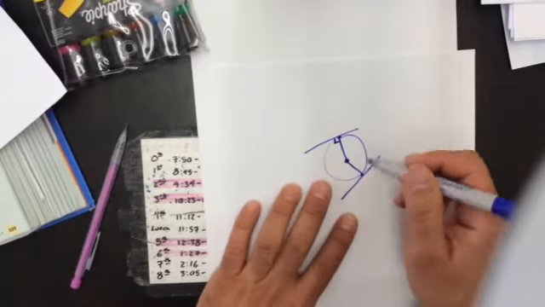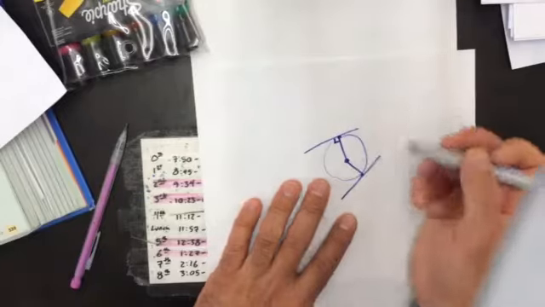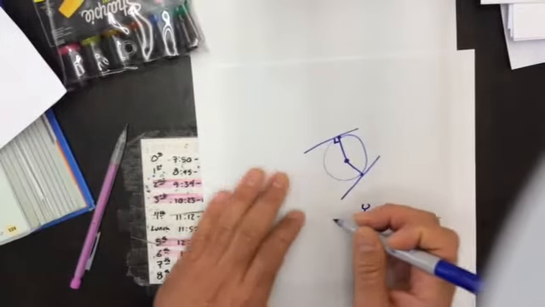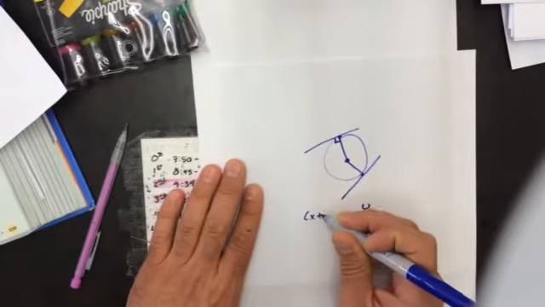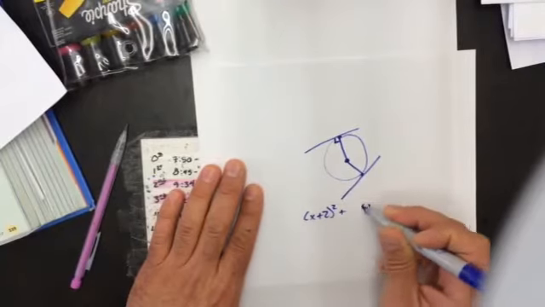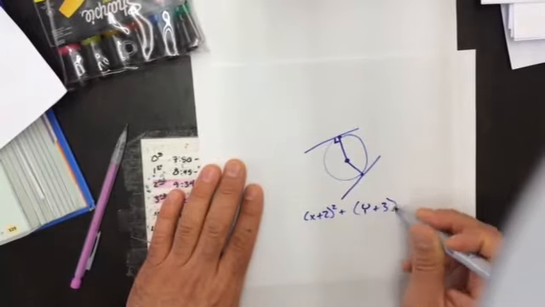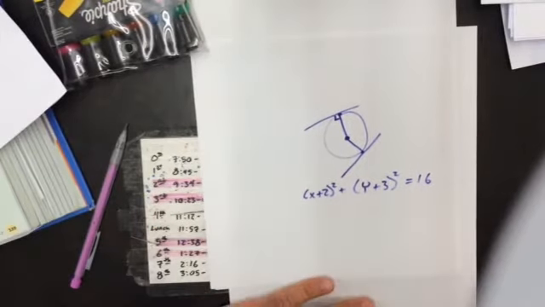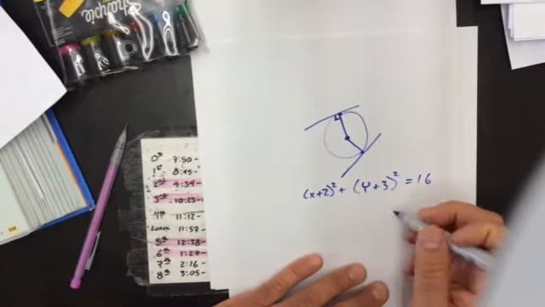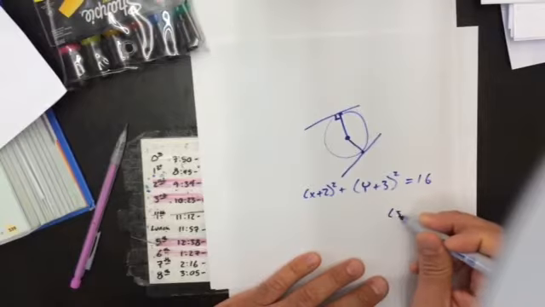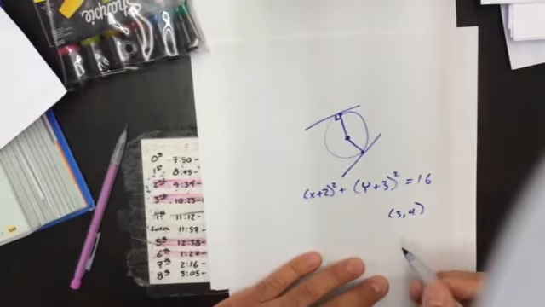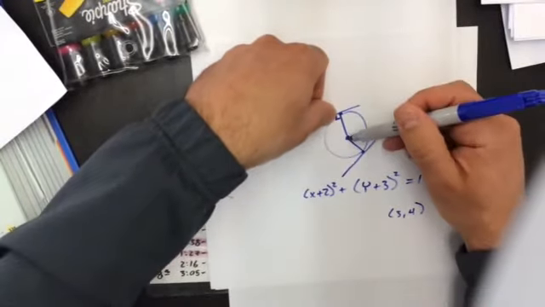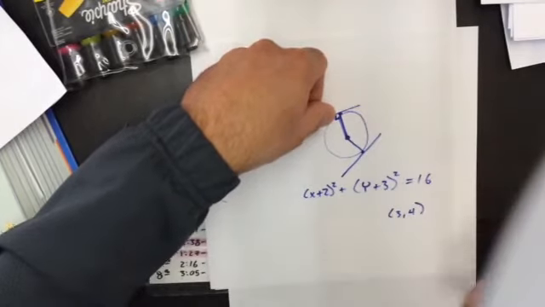So if I'm trying to do the equation of this guy right here, and I know that the equation of the circle is this, and it tells me the tangent line goes through the point 3, 4. I'm going to find first the slope of the radius.